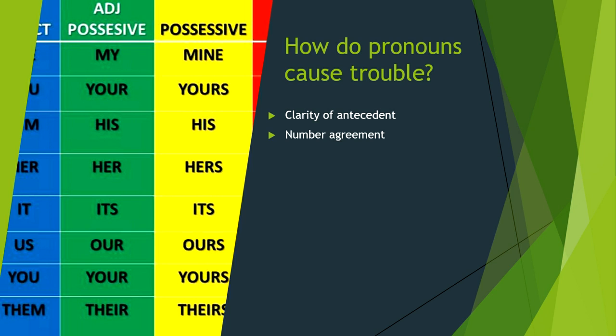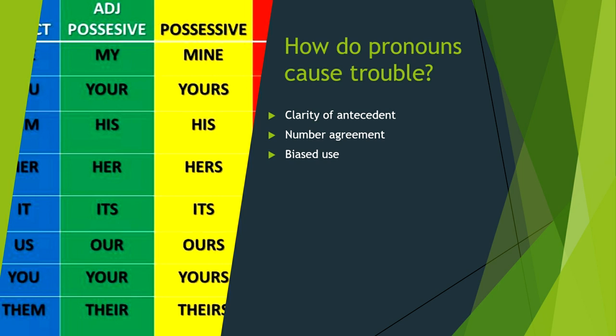Okay, and then also there can be problems with number agreement, since some pronouns are singular and some are plural. So for example, he, she, and it are singular while they is plural, okay? So you have to make sure that the number of that pronoun agrees with the antecedent, okay? And problems with this arise because of the gendering of our pronouns, and that leads us to biased use.